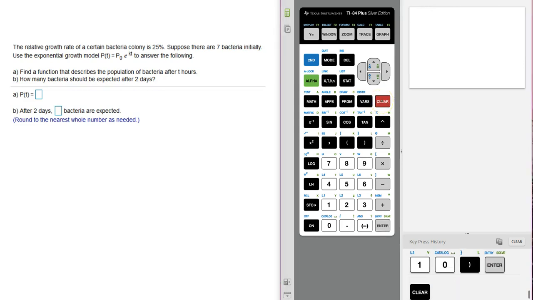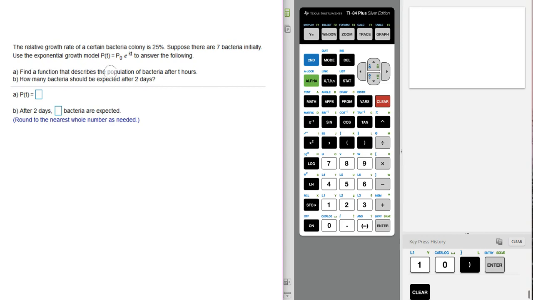So this question says, the relative growth rate of a certain bacteria colony is 25%. Suppose there are 7 bacteria initially. Use the exponential model P of t equals P naught e to the kt to answer the following questions.